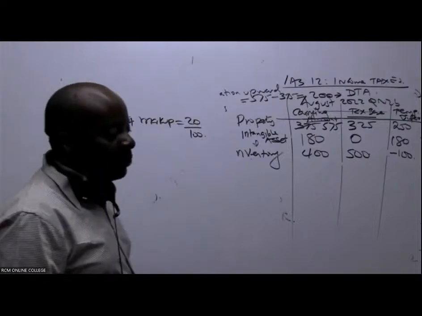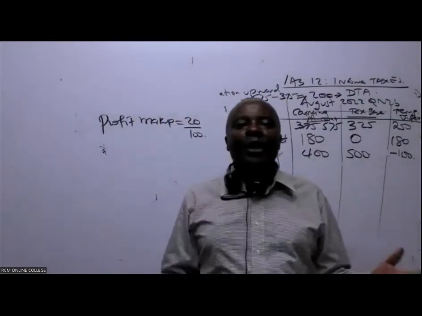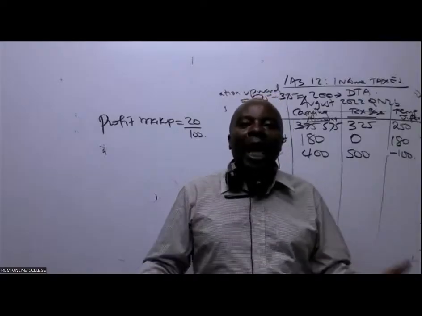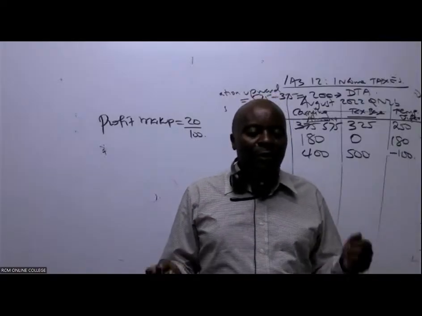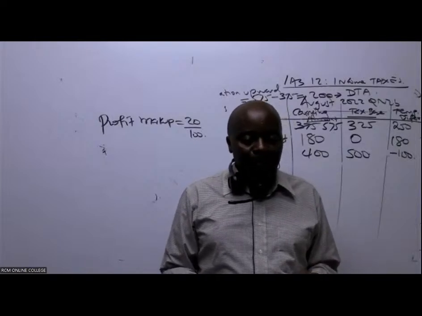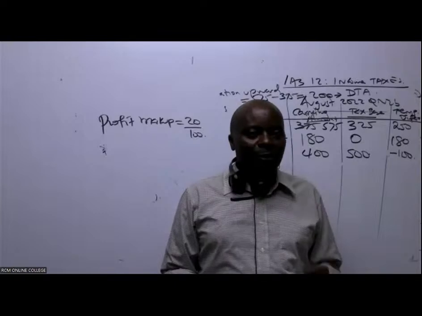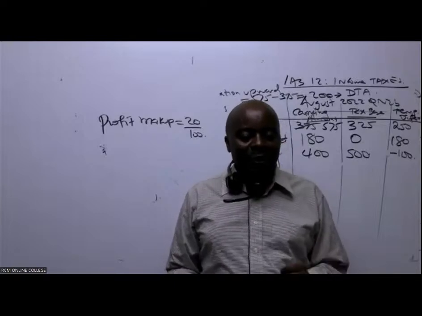So when they tell you that the profit markup is 20%, and I know that to get UPS I need the profit margin, what shall I do? If my profit markup is 20%, what do I do to get the profit margin?